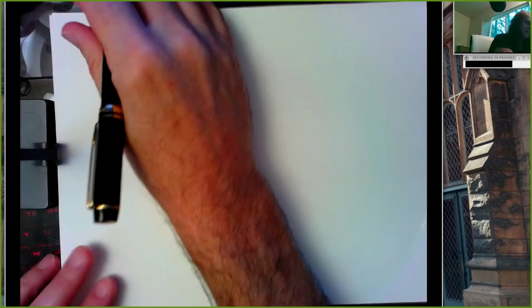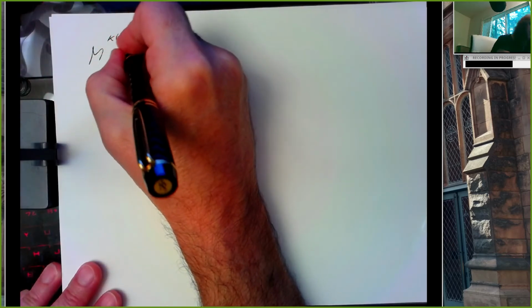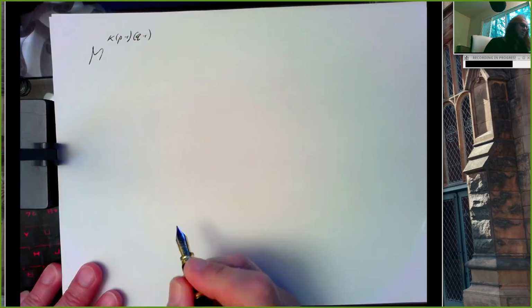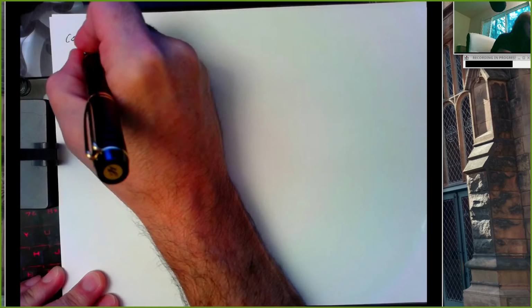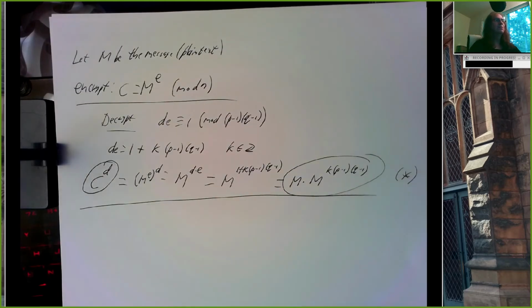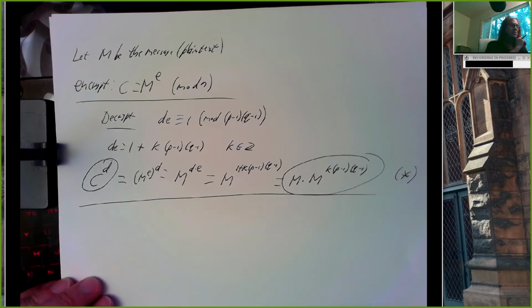All right, so let's just look at part of that expression. Let's look at M raised to the K times P minus 1 times Q minus 1. We're going to make an assumption here that's almost guaranteed to be safe.